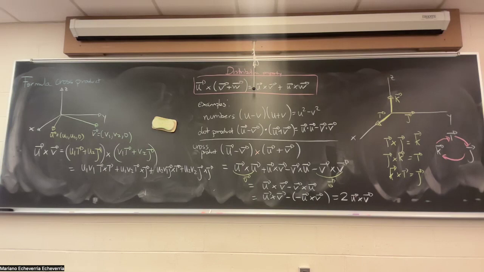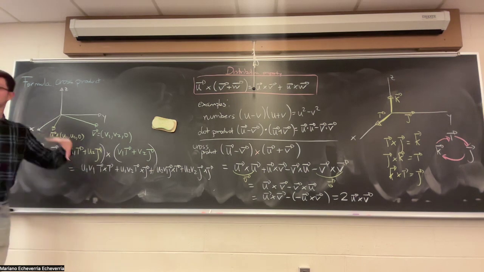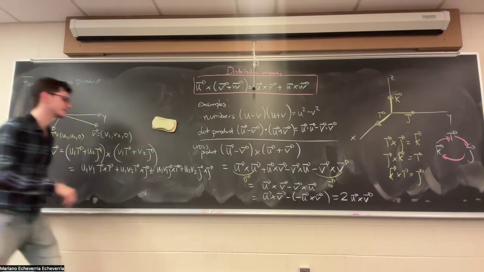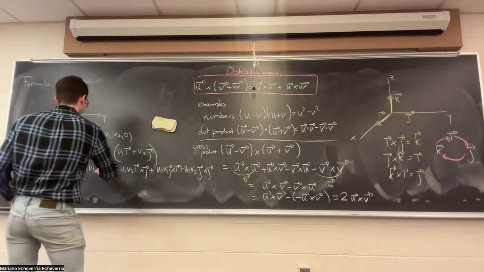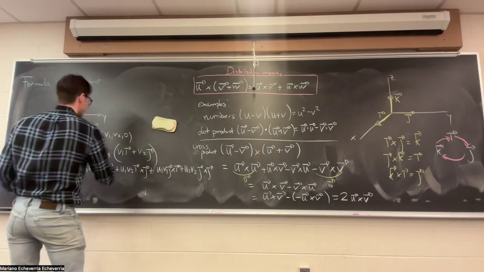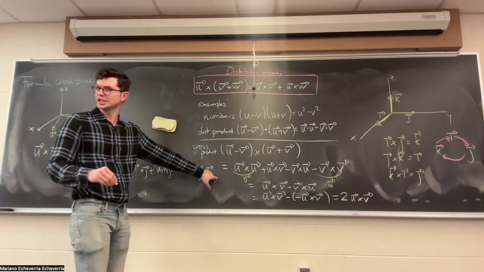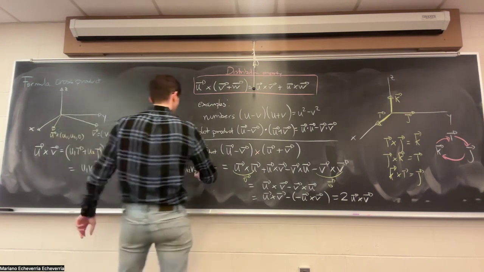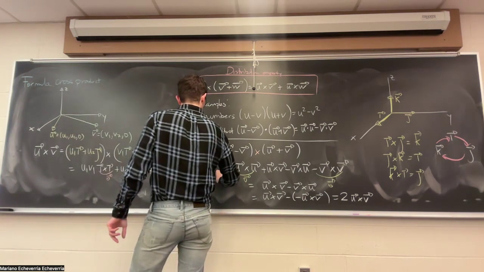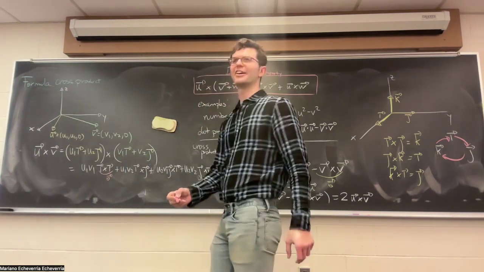So it looks like you have 4 terms, but there are actually fewer than 4, because of the cancellations. So what cancels here? I cross I goes away, because the cross product of a vector with itself is the 0 vector. Same for J cross J, that also goes away. And the others are easy.